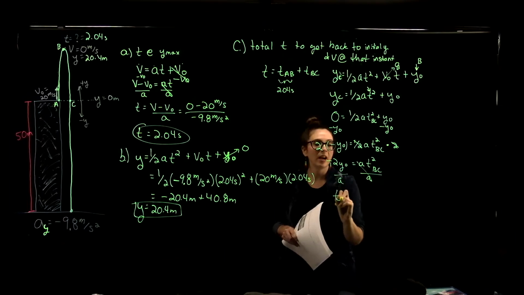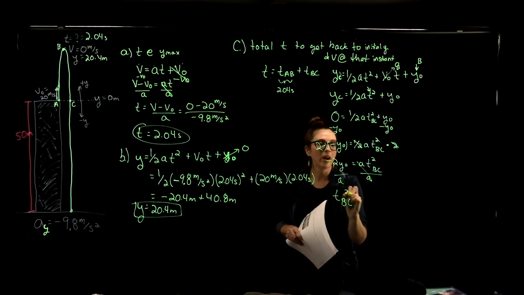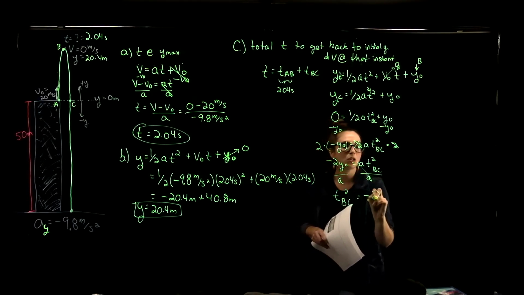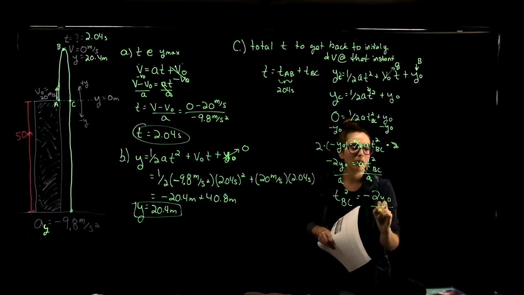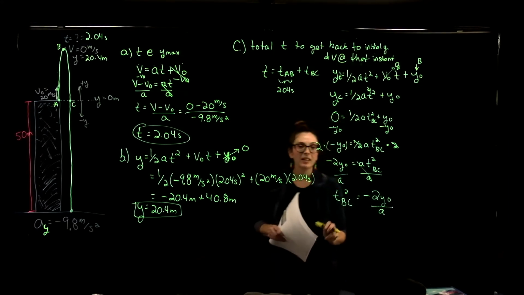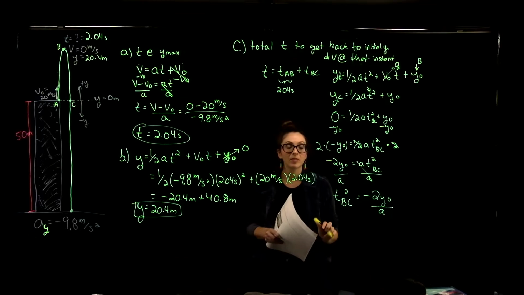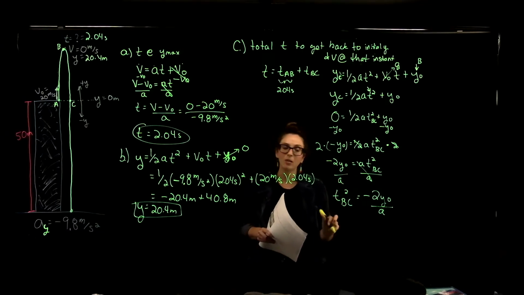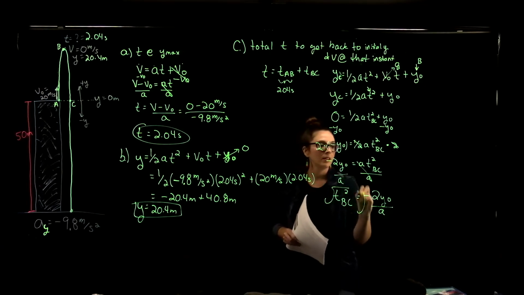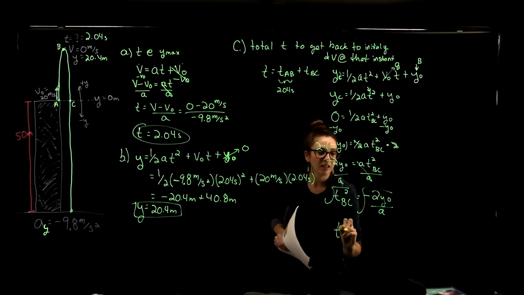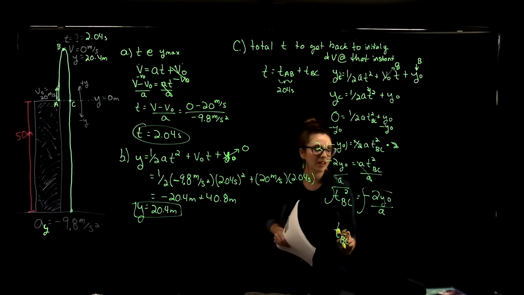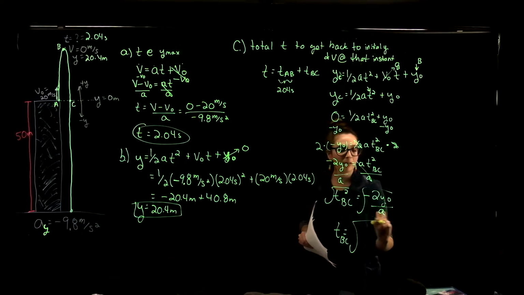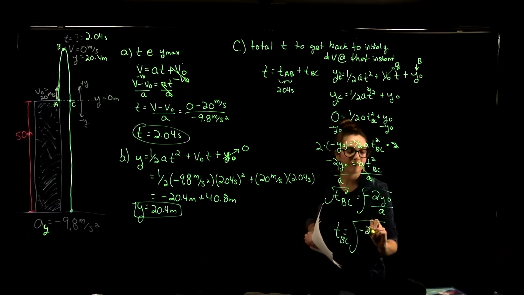Then we've got the time to go from B to C squared is equal to minus 2y0 over a. Now to get rid of that square on the time, you take the square root of both sides. So then t, the time to go from B to C, is equal to the square root of minus 2 times the initial y position over a.